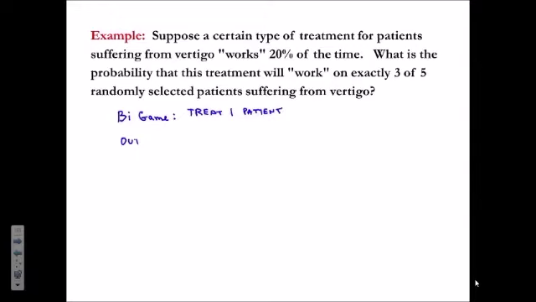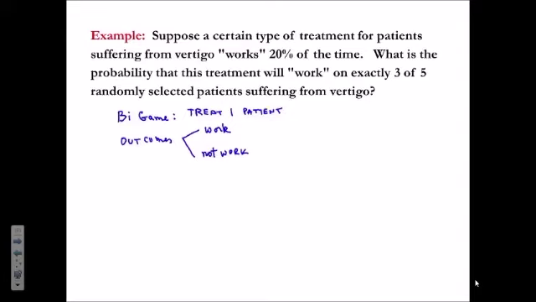Does it have 2 outcomes? Yes, it does. The 2 outcomes are the treatment works or it does not work. Now we're going to call one of these success and one of these failure.